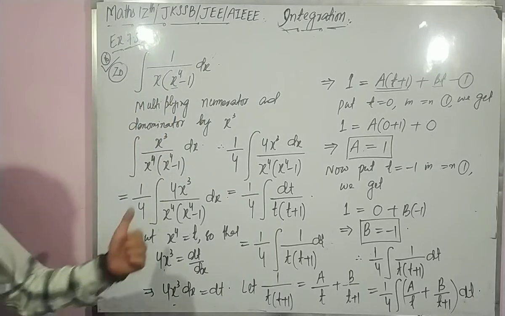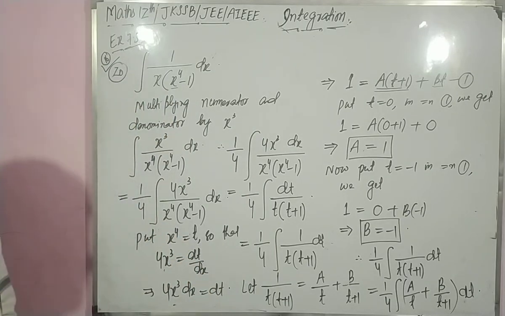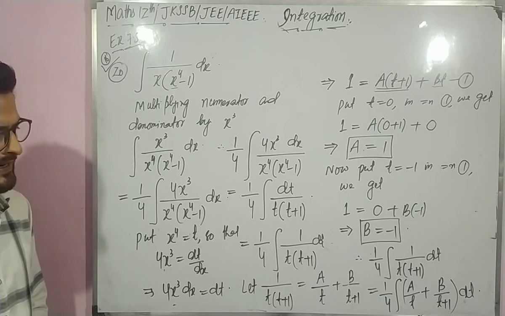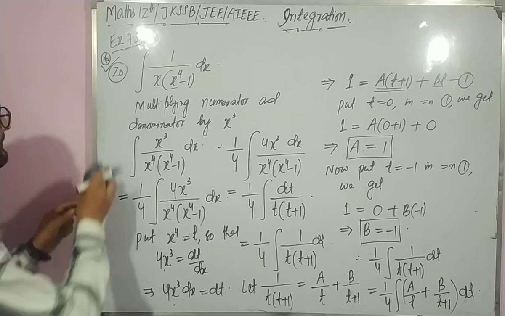If you want to pen down, take the screenshot first. So it is 1 by 4 integration of a divided by t plus b divided by t plus 1 dt.